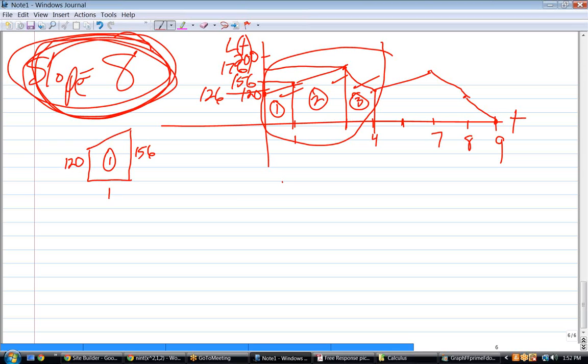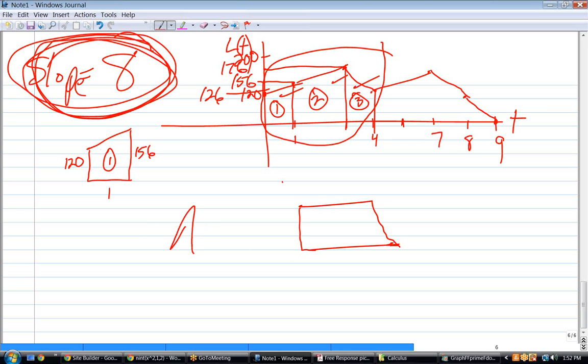Usually trapezoids are drawn differently, but notice that this has been rotated 90 degrees.